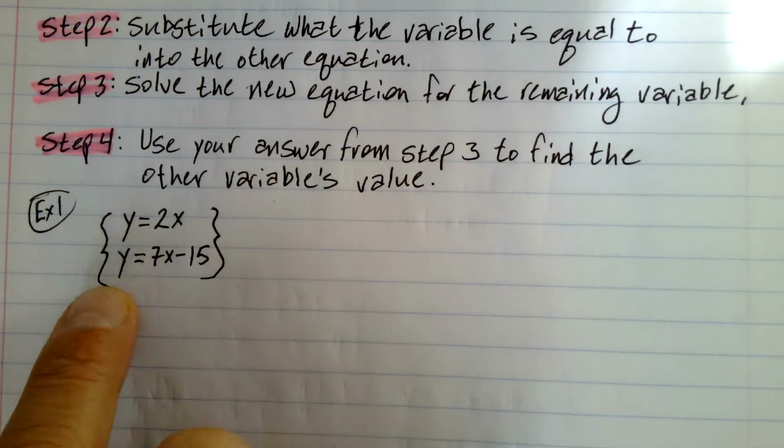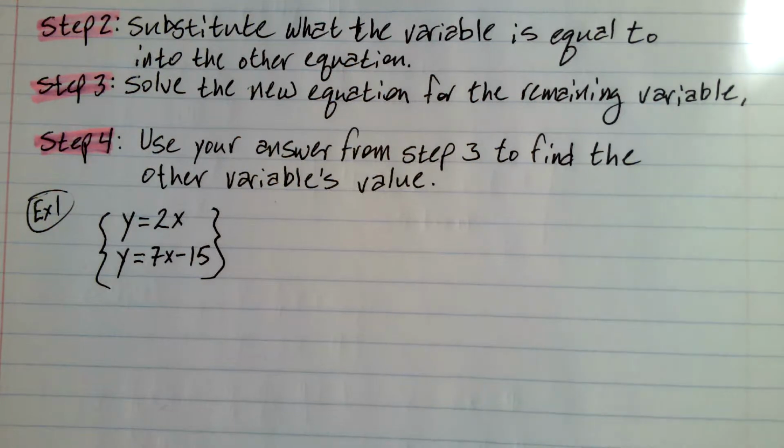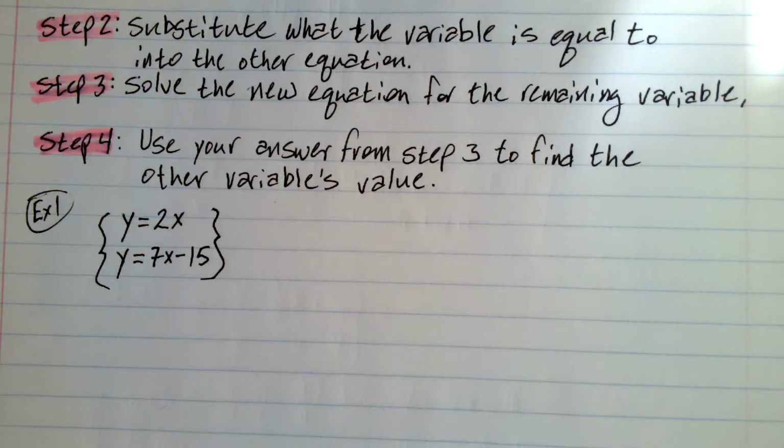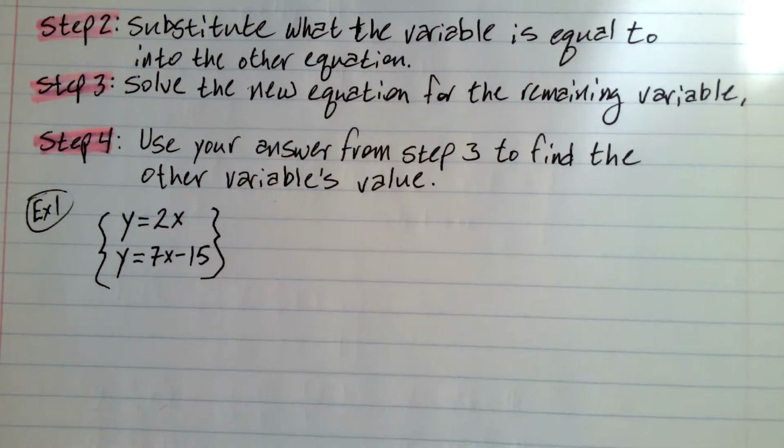And there is a better answer, by the way. One of these two equations is definitely easier to work with. Type in either y equals 2x or y equals 7x minus 15. I want to see where your instincts are, and probably what you're thinking is correct.